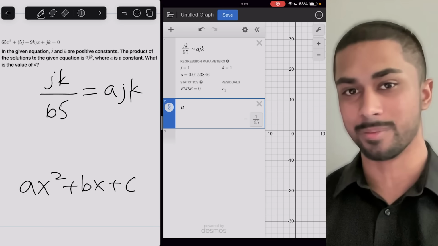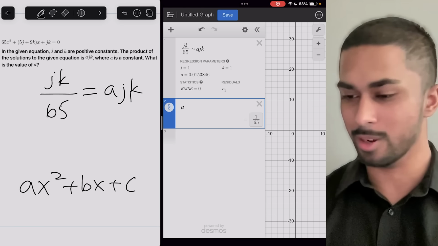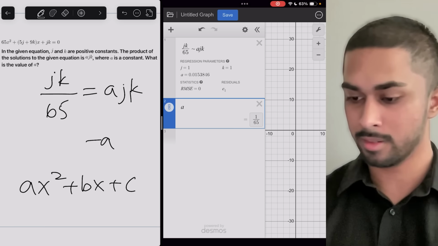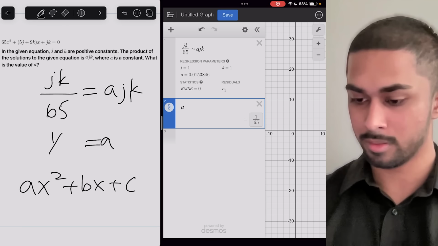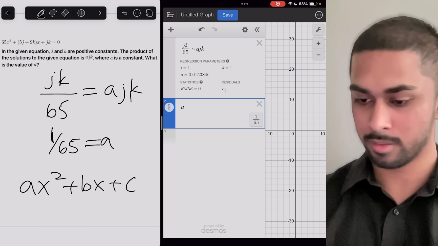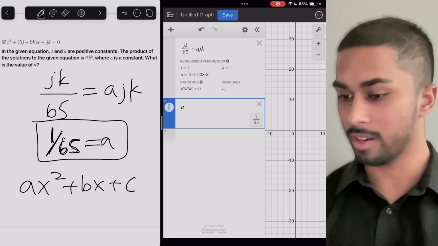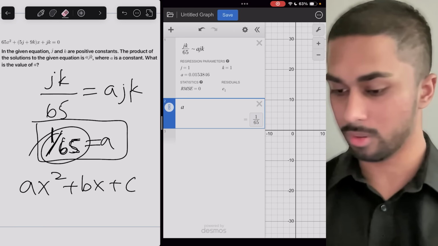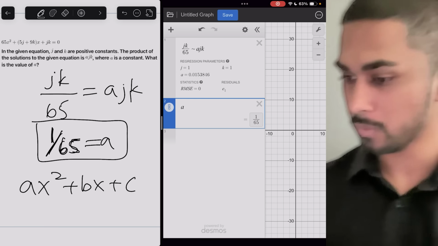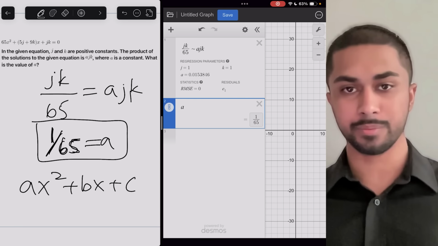Use the calculator, right? There's no shame in that. 1 over 65. I don't know why I outlined that. That looks horrible. Okay, that's the value of A.